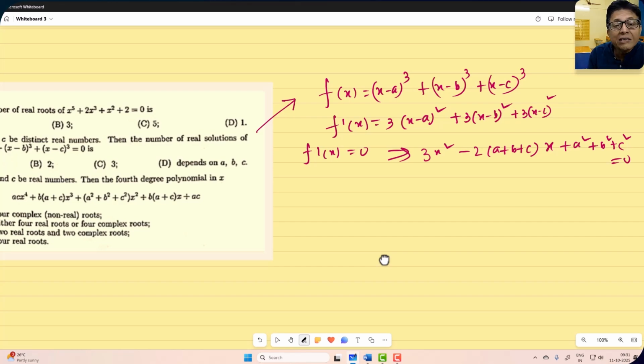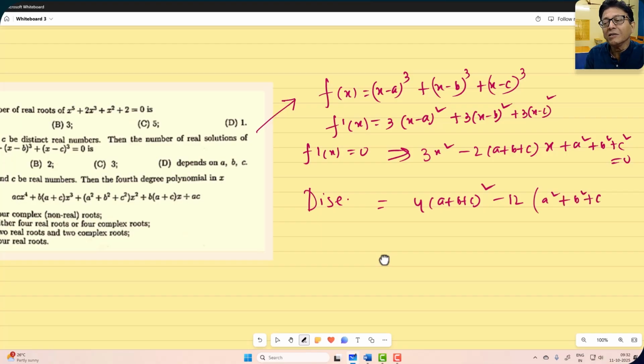So what is the discriminant here? Discriminant is going to be 4(a plus b plus c) whole square minus 12(a square plus b square plus c square).